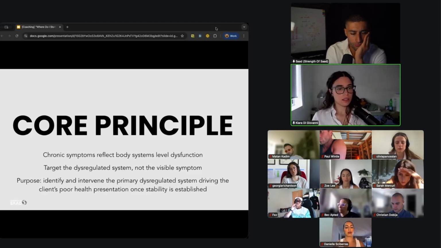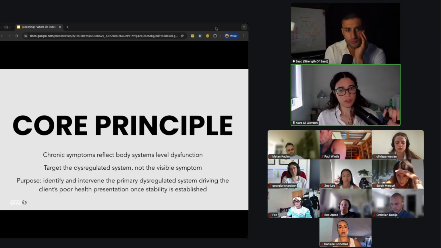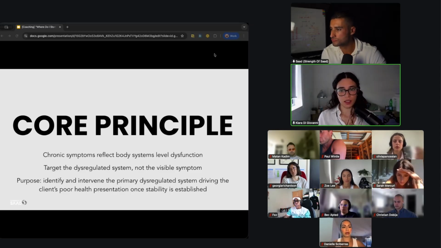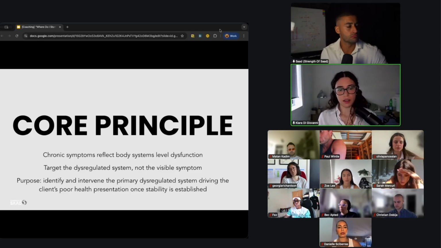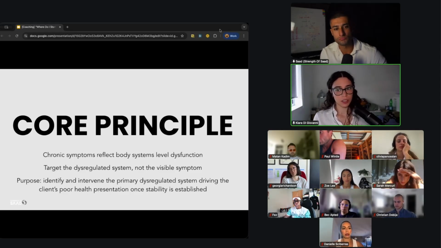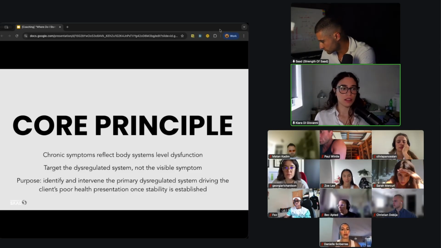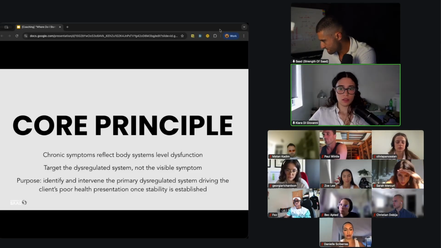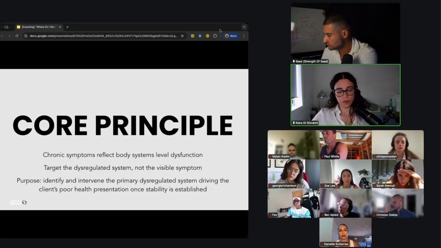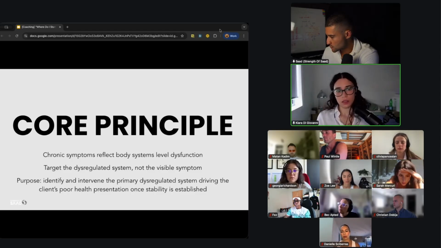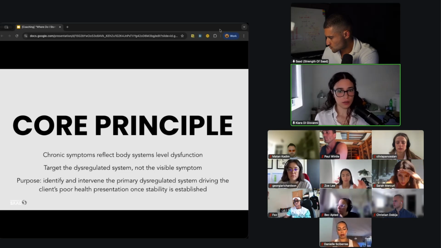If you just chase symptoms, like allopathic conventional medicine, you can chase symptoms this way by giving supplements, but then you're not getting a better outcome than if they just took a medication, because the problem is still there underlying, and it's going to end up manifesting in another way if you don't deal with it properly. So the goal is to identify, through your knowledge of systems physiology and biochemistry, what is causing the presentation of health that's in front of you.